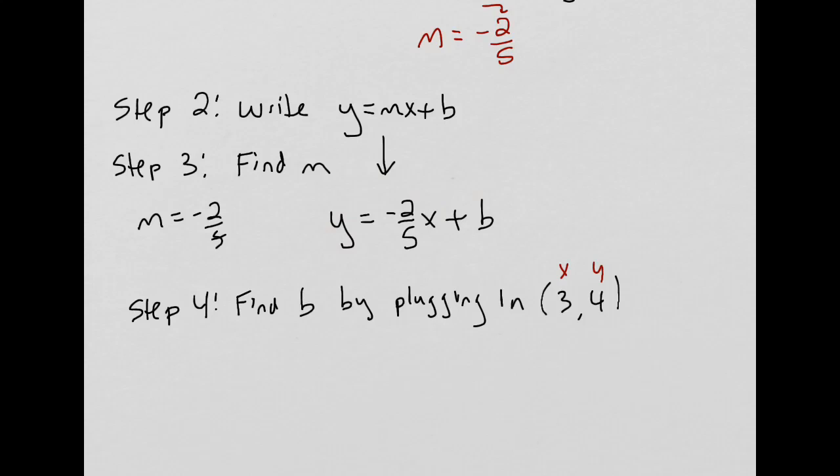That gives us 4 equals negative 2/5 times, and now since negative 2/5 is a fraction, when I plug 3 in for x, I'm going to write it in as 3 over 1, plus b. Okay, if we multiply those two fractions together, we get 4 equals negative 6 over 5 plus b.